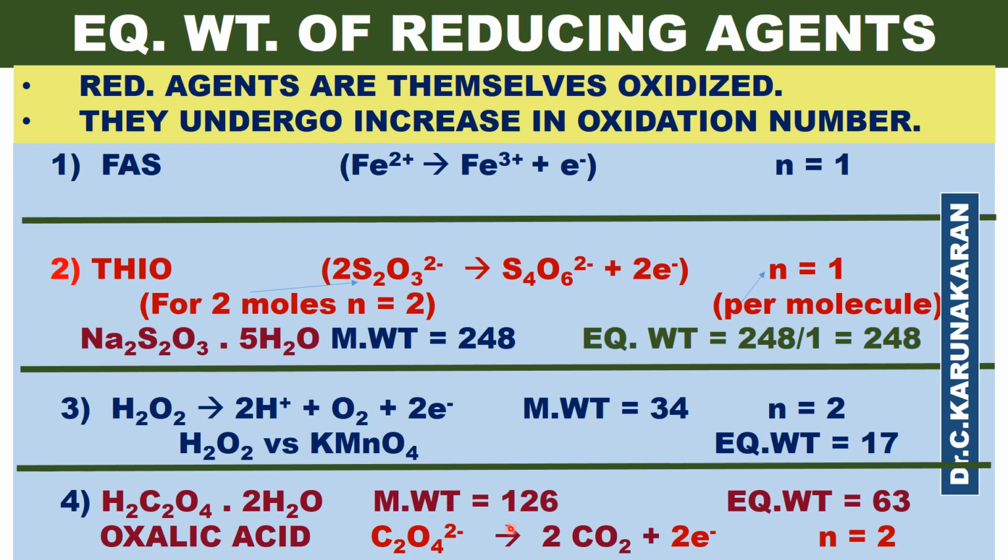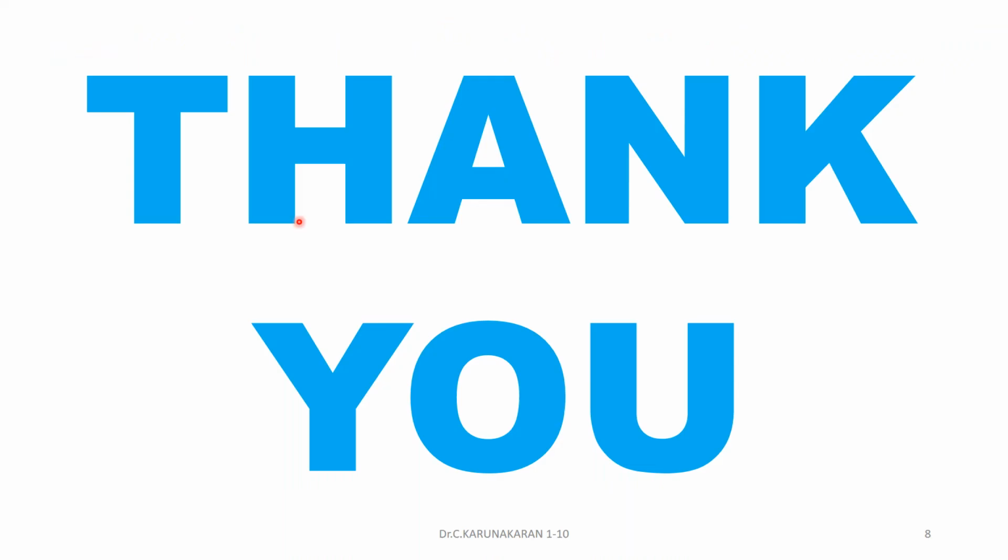We need to heat the reaction mixture of oxalic acid in acid medium to 70 degrees Celsius, then only does the reaction take place fast, because the C-C bond is broken when you heat. Thank you for watching.